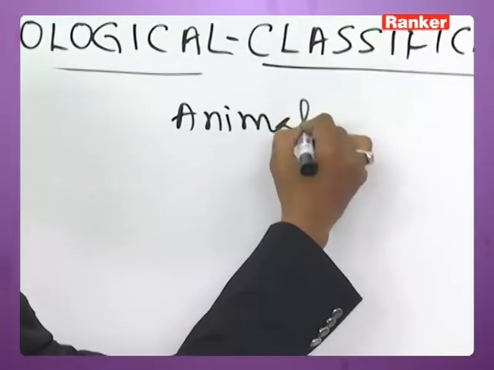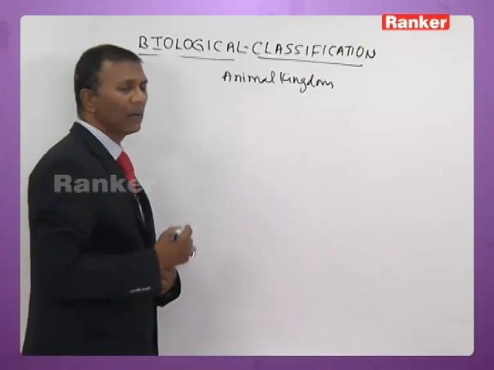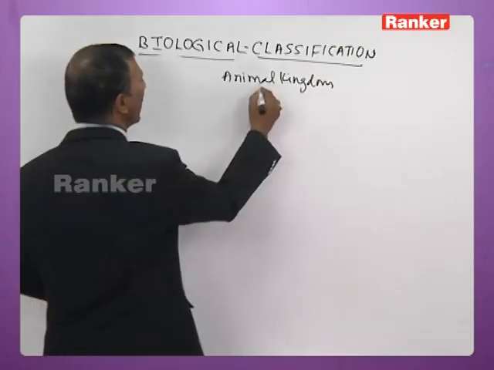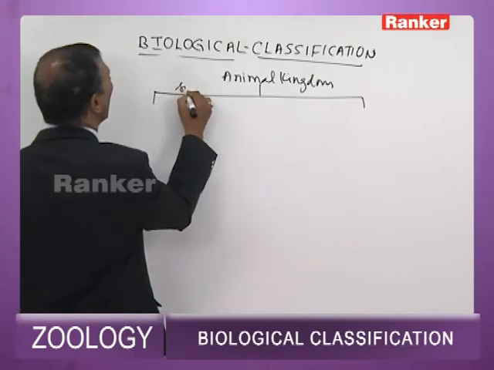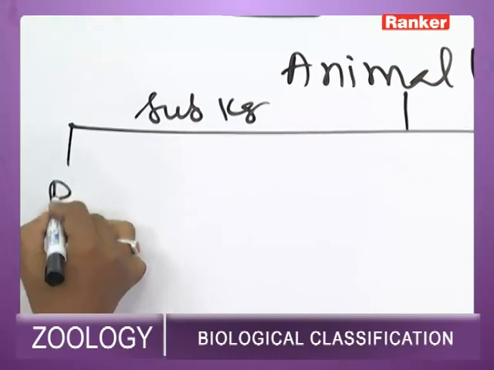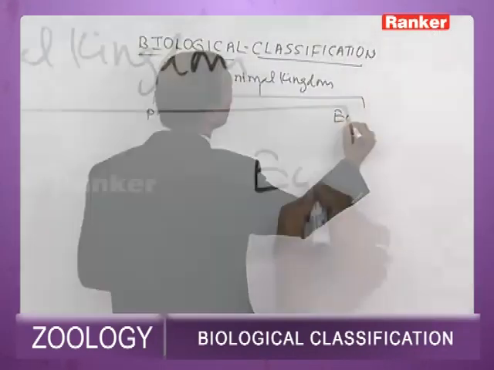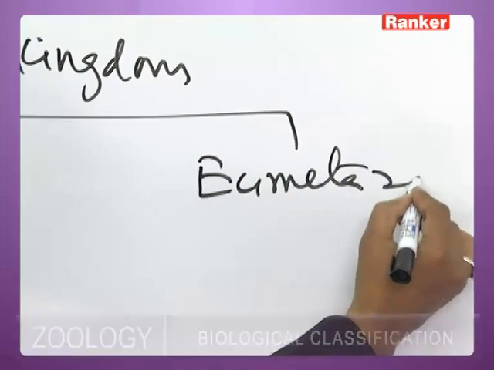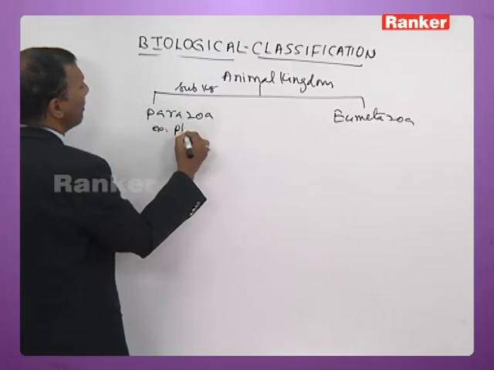Now the animal kingdom is divided into 2 subkingdoms: Parazoa and Eumetazoa. Under Parazoa you have, for example, phylum Porifera.